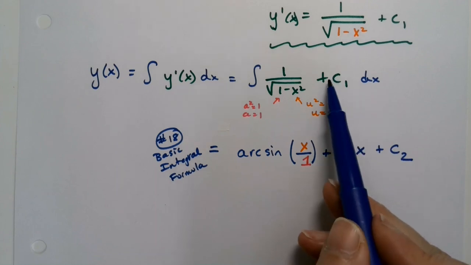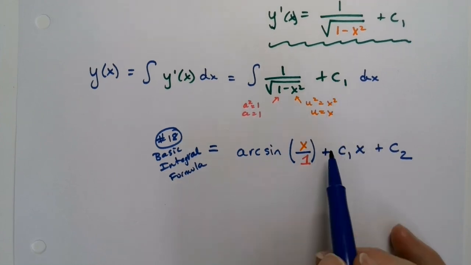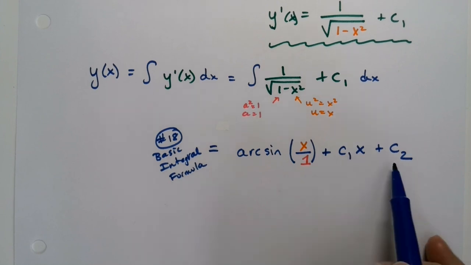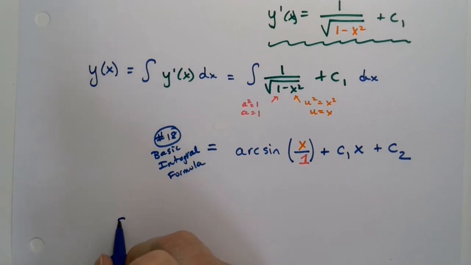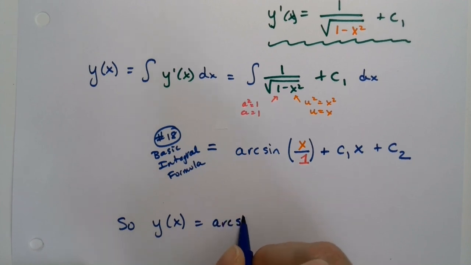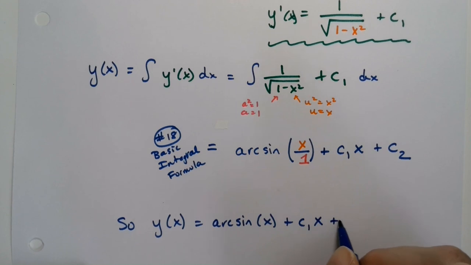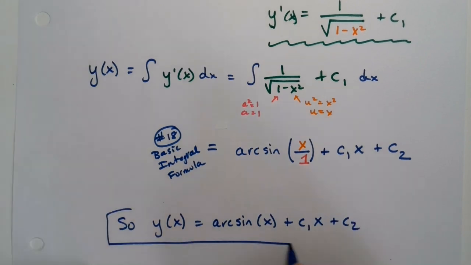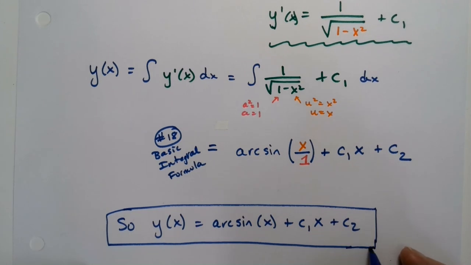So we had C1, pretend that's 5, then it would be 5x. If it's 3, that would be 3x, right? And then I have a new integral constant, C2. And there we have it. So y of x is equal to the arc sine of x plus C1 times x plus C2. That is the general solution, and that's all we could find here because they didn't give us an initial condition.